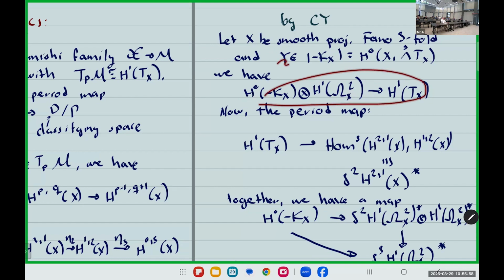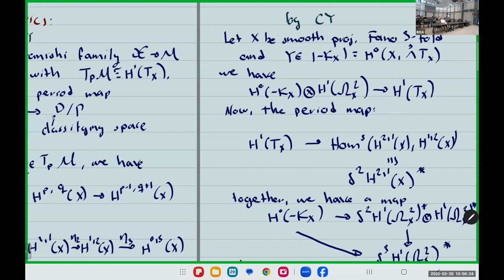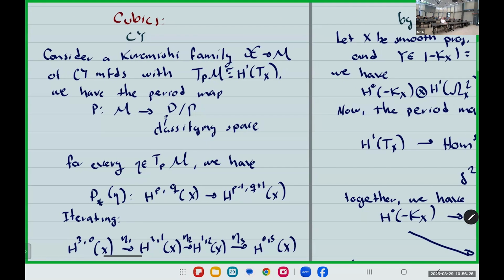So by choosing this y, we obtain this map. Now, I showed you that if we consider again a Kuranishi family with this kind of log Calabi-Yau threefolds, the tangent space to the base is also going to be this group, and we can consider the same situation as in the absolute case.